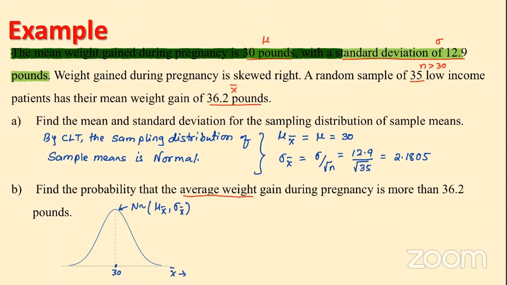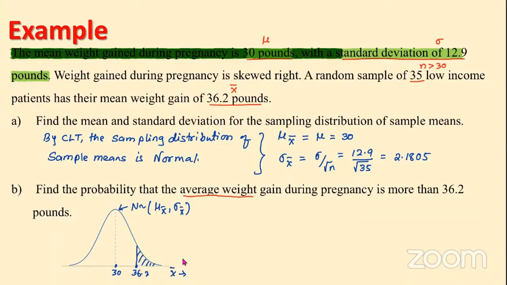We have 30 here in the middle, so 36.2 will be on the right. We want the probability that the average weight gain is more than that. That probability will be equal to this area.